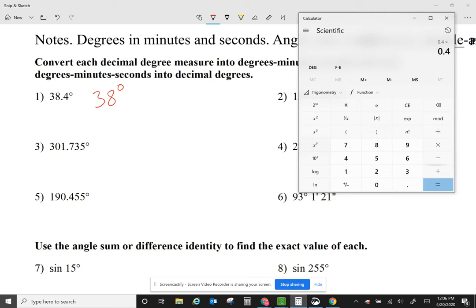The reason I'm multiplying by 60 is that we have minutes and seconds. You have to ask yourself how many minutes, how many seconds there are: 60 minutes in an hour, 60 seconds in a minute. So I multiply the decimal part by 60, and that gives me 24.